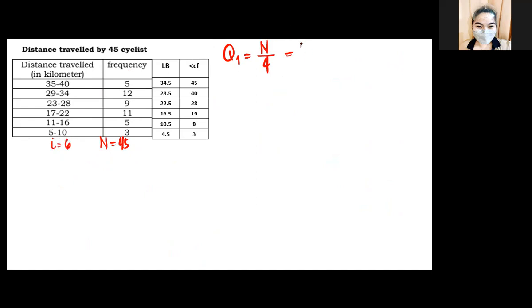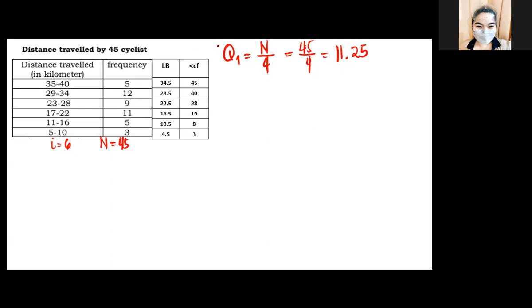So this is 45 divided by 4. What will be my answer? 11.25.